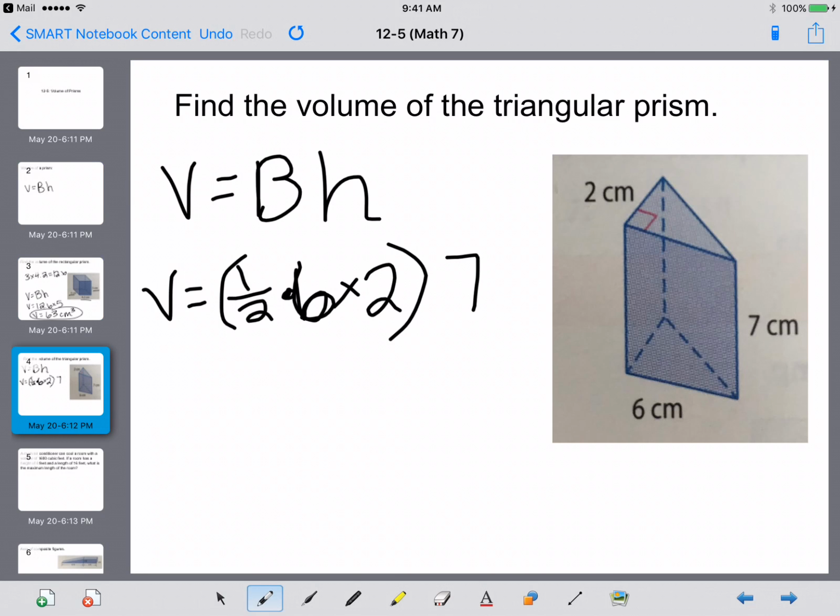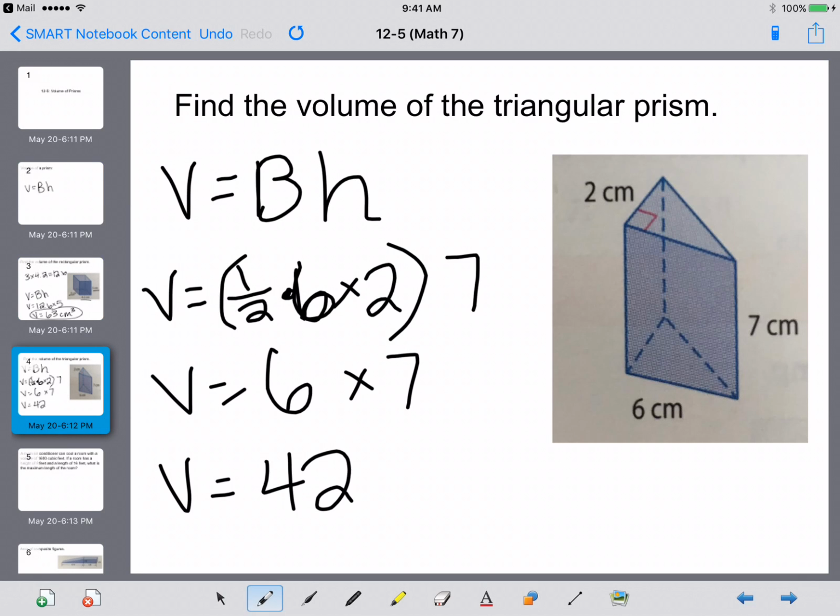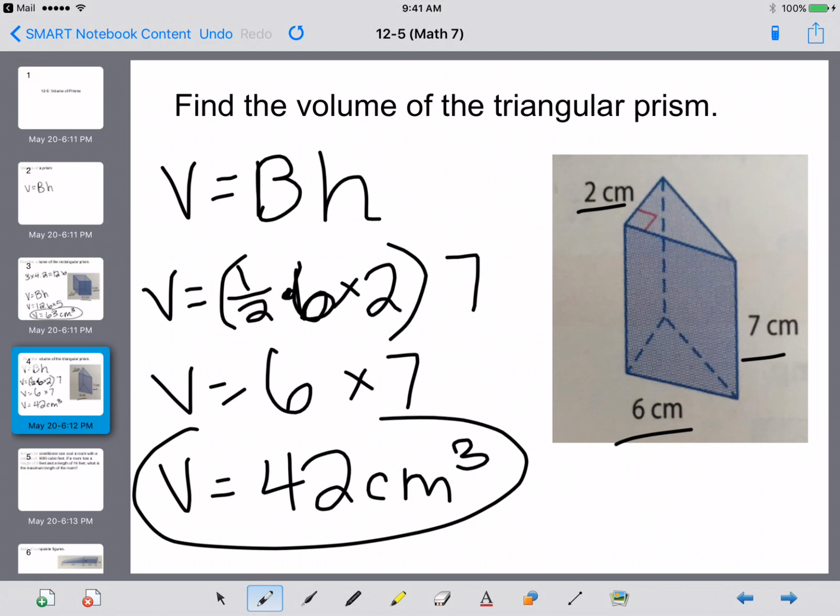So 6 times 2 is 12, times 1/2 is 6 again. So we're at 6 times 7, and 6 times 7 is 42. We need our label of centimeters cubed, because it was 1, 2, 3 dimensions.